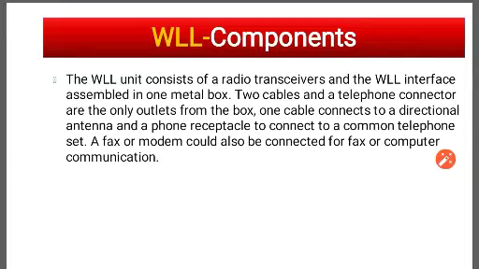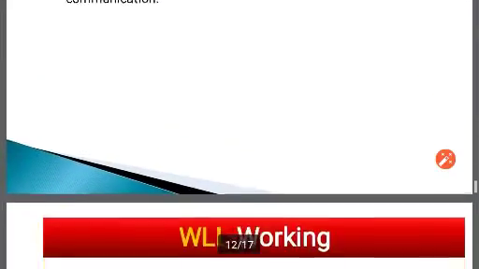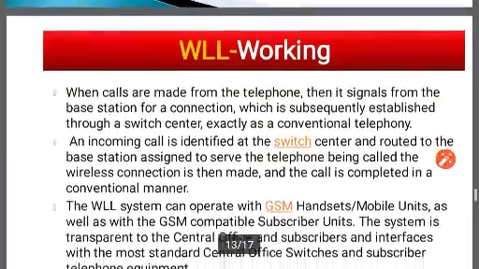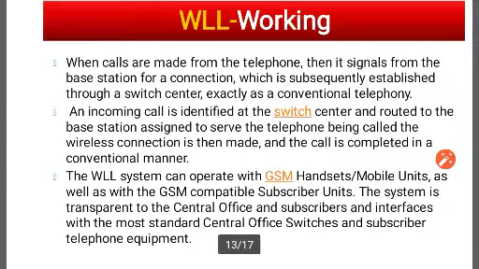One cable connects to the directional antenna and a phone receptacle to connect to a common telephone set. A fax or modem could also be connected for fax or computer communication. I guess the components of the WLL are clear to all of you. Just repeat the video again and again if you do not understand, and even then you can always ask me.